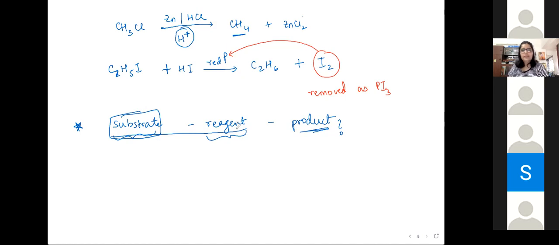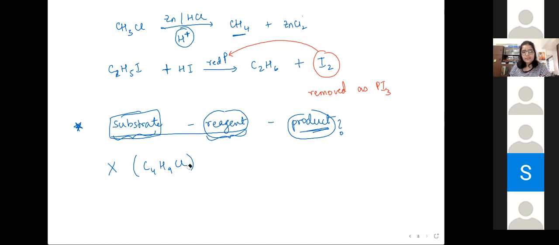Or you'll be given slightly detective kind of questions, like a substance X with the molecular formula C4H9Cl was reacted with a certain reagent, and this is the product that is formed, then identify this.